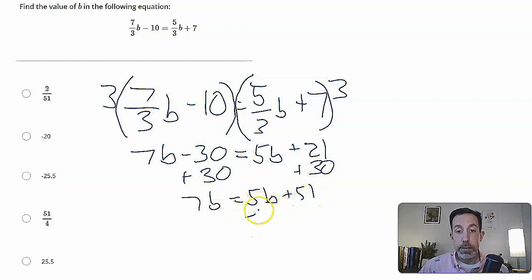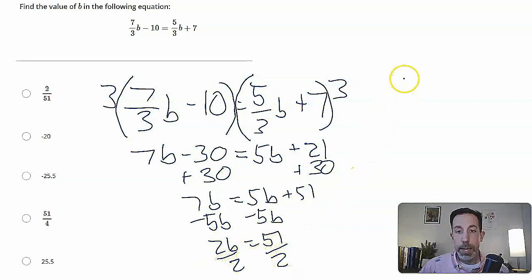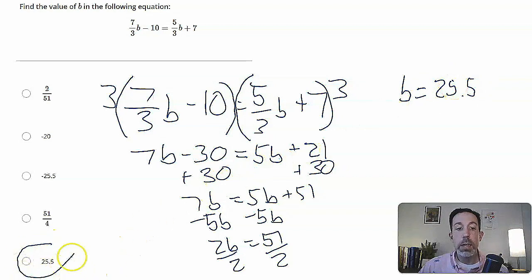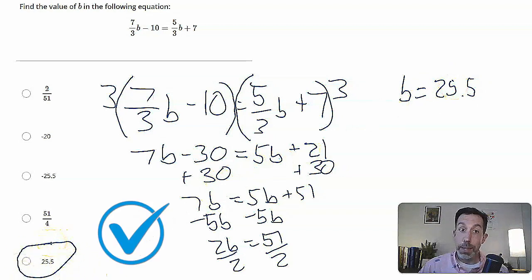Now I'm going to subtract 5b from both sides. And that's going to give me 2b equals 51. Last step, divide both sides by 2. And I'm going to go back up over here. We're going to get b equals 25.5, which is our answer choice. And that's how you solve this one.